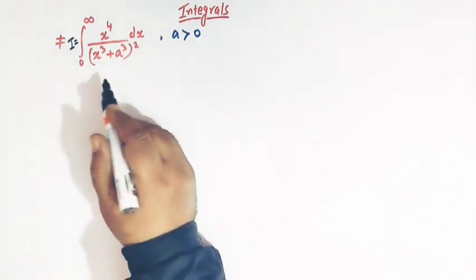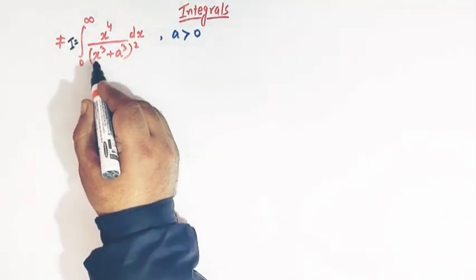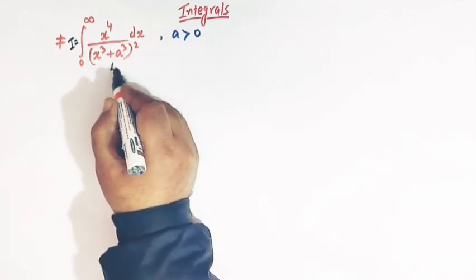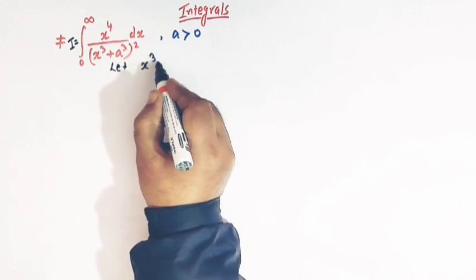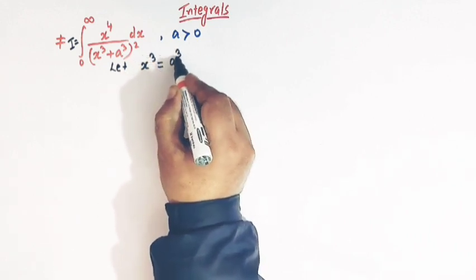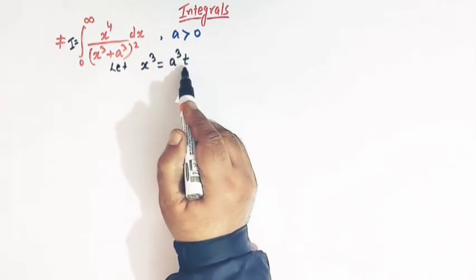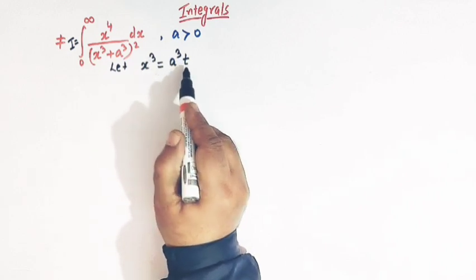Now first we'll make use of the method of substitution, and here we have the number a. So we'll take x cube is equal to a cube t. Here we introduce a new variable t such that x cube is equal to a cube t.